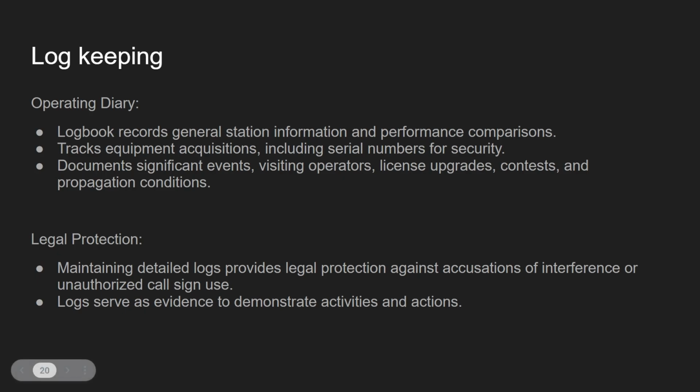Legally, OFCA mentioned that they have the authority to check your log at any time when they come to your station. So you must provide them a hard copy for checking. And that's why you have to keep it for at least 6 months.